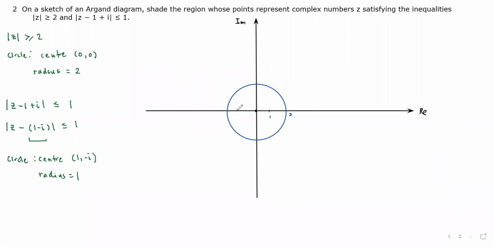That is 1, 2, negative 1, negative 2, and then i, 2i, negative i, negative 2i. We need the area greater than or equal to 2, so the area must be outside this circle.